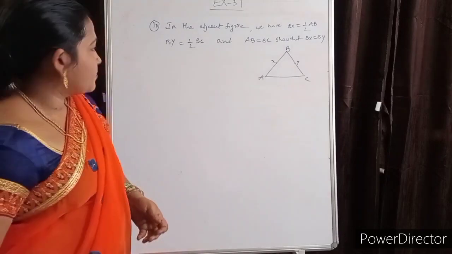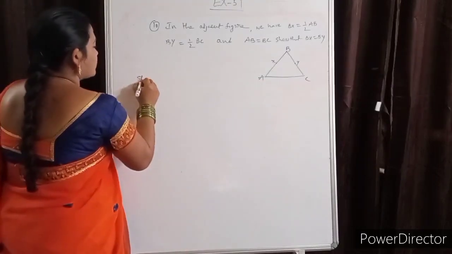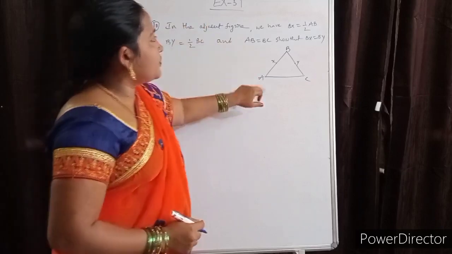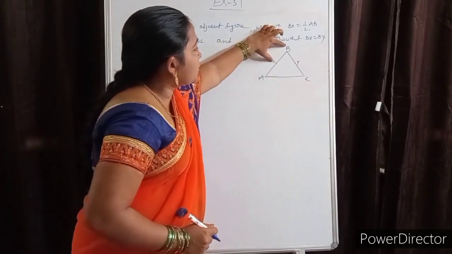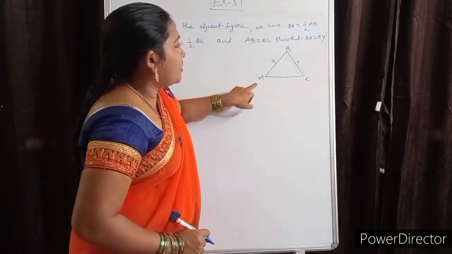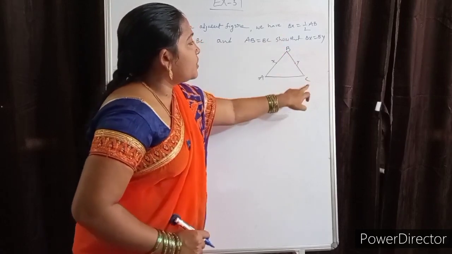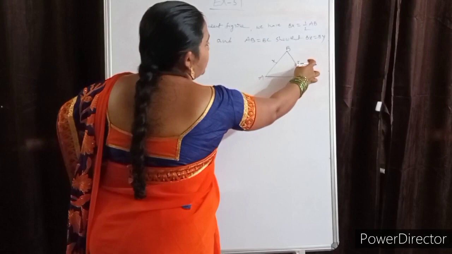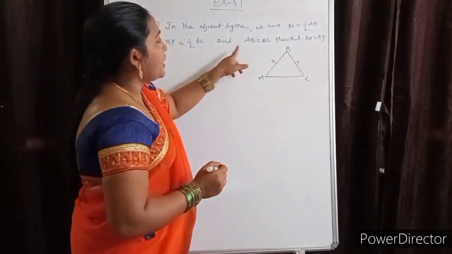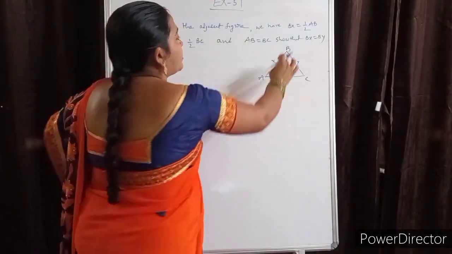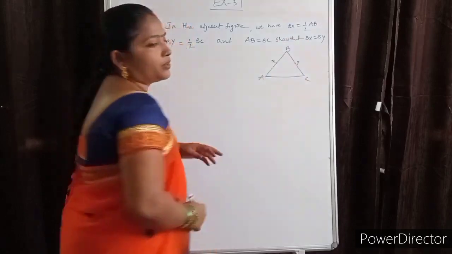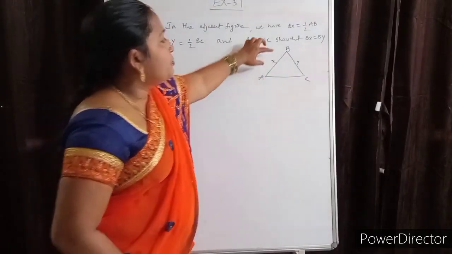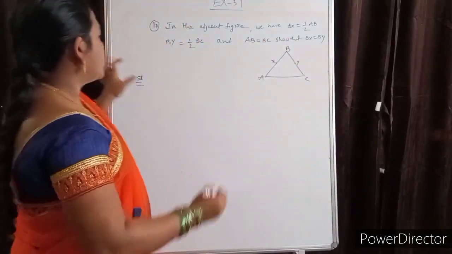Okay, solution. In the adjacent figure, BX is equal to half of AB. BY is equal to half of BC. AB is equal to BC. So that BX is equal to BY. We have to prove BX is equal to BY.